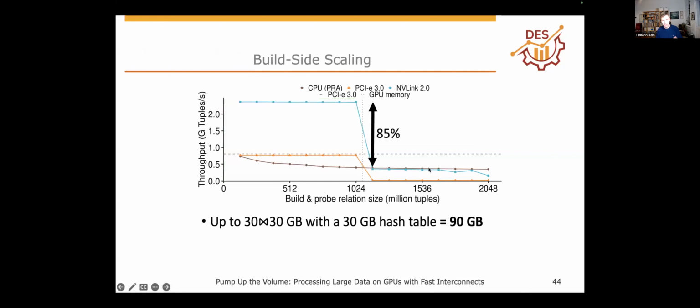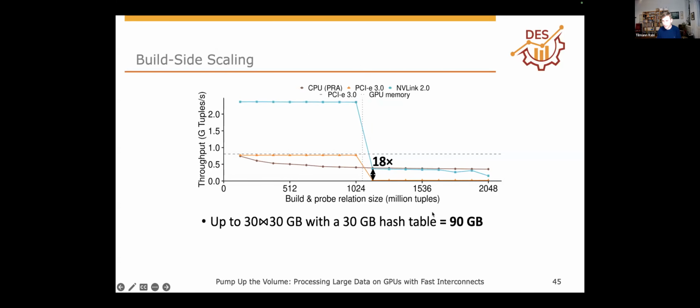And so the drop in performance is basically 85% if we go out of memory, right? And PCI Express is not a factor of 6 slower, but a factor of 18 slower in this case. So now what we can do, rather than just using a main memory based hash table, is have a hybrid hash table.